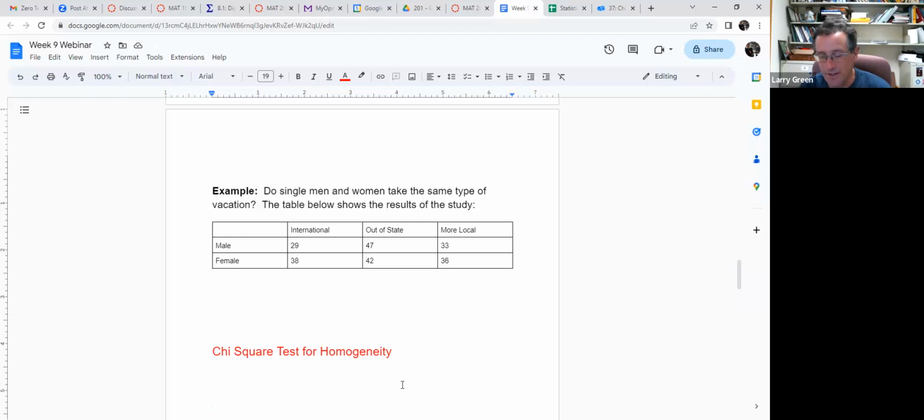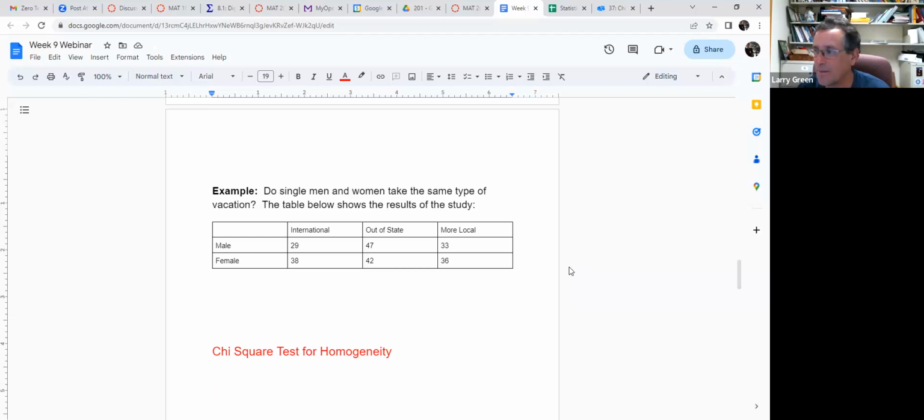So why can't we use it for independence? We're not saying, are they independent of each other? We're saying, is the distribution of traveling the same for men as it is for women? The reason you can't use the test for independence is that what we're looking for is not about them being independent or dependent. We're looking to see if the distributions are the same, and it's of 2 distributions that we don't know either of.